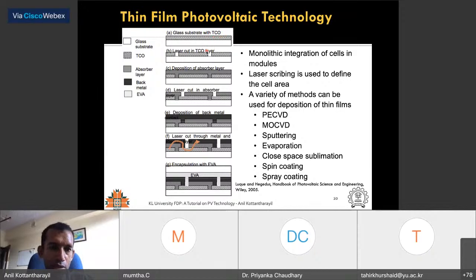Then you make some openings in this using laser, and deposit the absorber layer. It can be cadmium telluride, for example, or amorphous silicon. Then you make some cuts in the absorber layer and deposit the back metal. So this is where you're going to have absorption, and this is of course transparent.